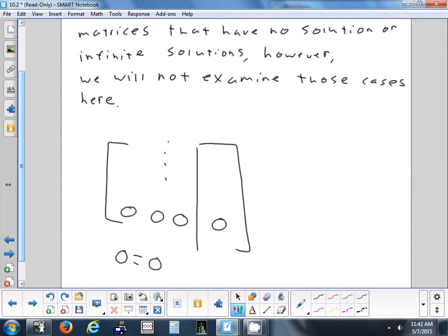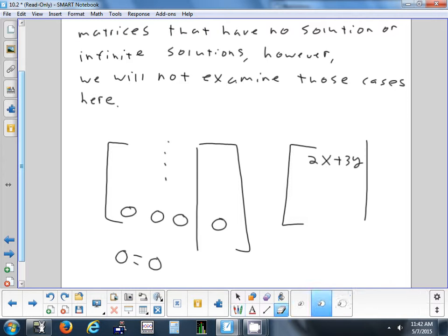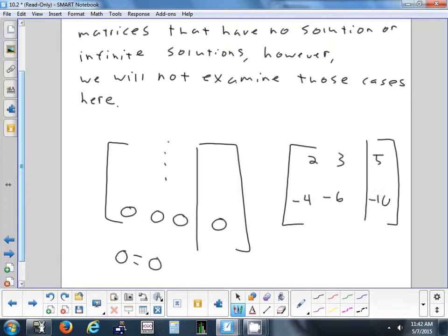The only way this would happen is if you had two equations that were repeats of each other. So if you had a matrix, just do something simple. 2x plus 3y. Just put in the numbers, 2 and 3. So 2x plus 3y equals 5. And negative 4x minus 6y equals negative 10.